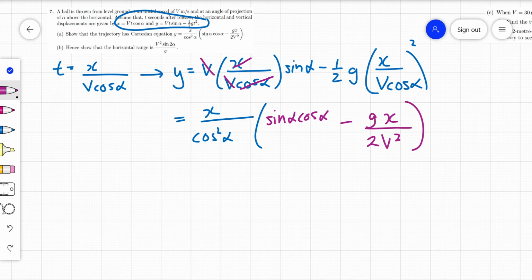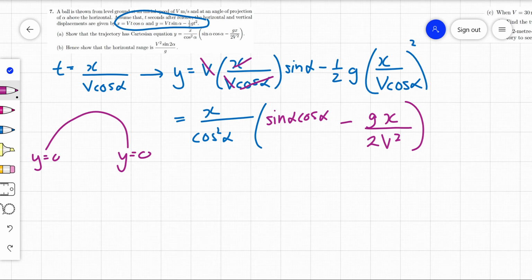So that's just making t the subject of the x equation and subbing it into the y equation. Hence, show that the horizontal range. If the ball's going like this, at both these spots our y is 0. So let's make y equals 0.